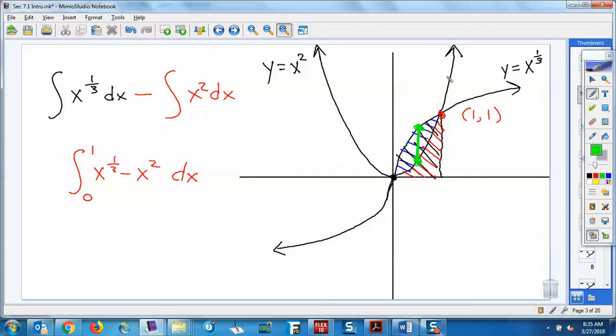You know how sometimes we write the ordered pair on this parabola as x, x squared? The x value is x, the y value is x squared. So keep that in mind today: when I ask you what's the y value at this point, you say x to the 1/3. What's the y value of this point? x squared. All the y values on the parabola are x squared.